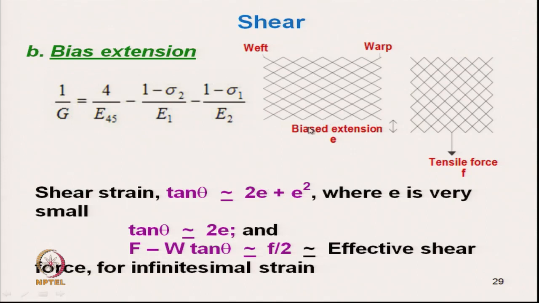If we take E as a very small value, this E square will be small, so we can eliminate it. So, tan theta is almost equal to 2 E. If we measure the biased extension value E, we can calculate tan theta, and F by 2, the tensile force by 2, is the effective shear force.